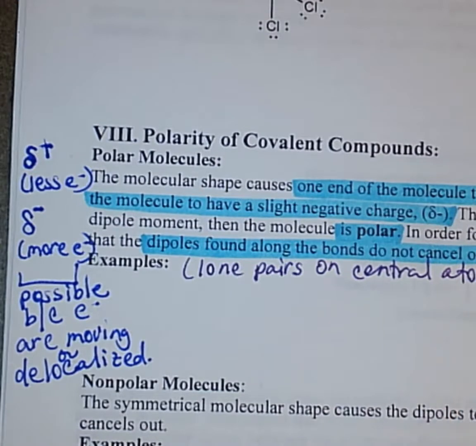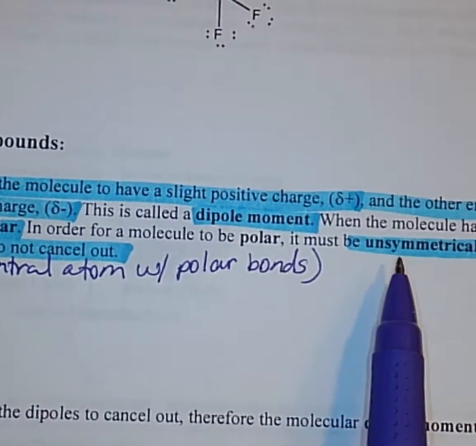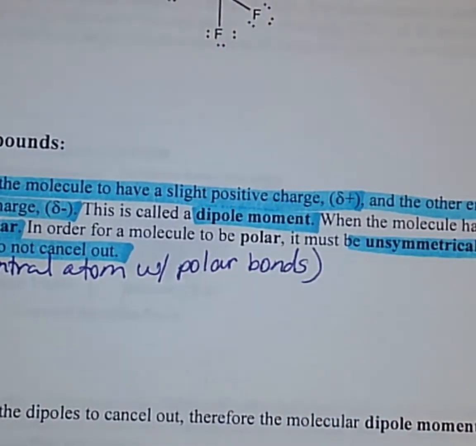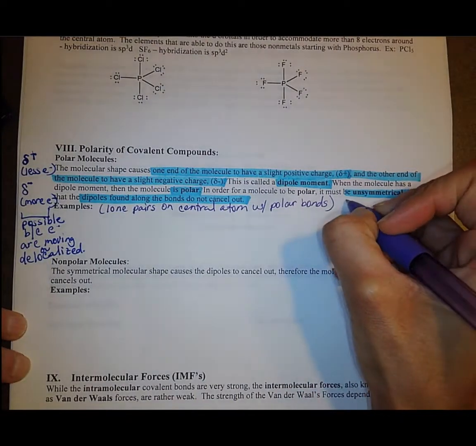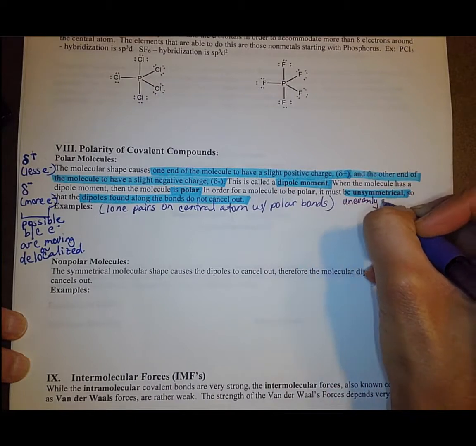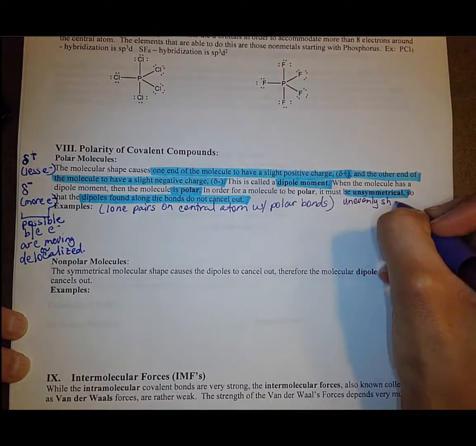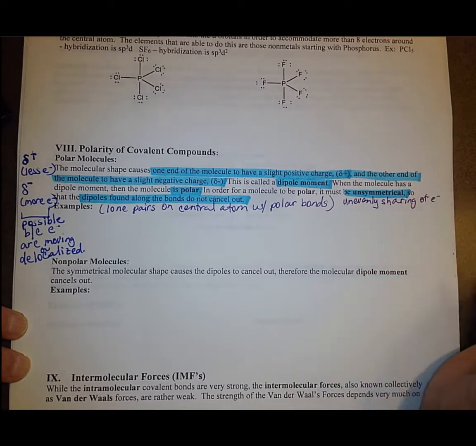And if they're not being shared equally, that means that the molecule itself is unsymmetrical. Okay, let me stop this and get a better picture for you guys. So if you want to write here on the side, unevenly sharing of electrons.